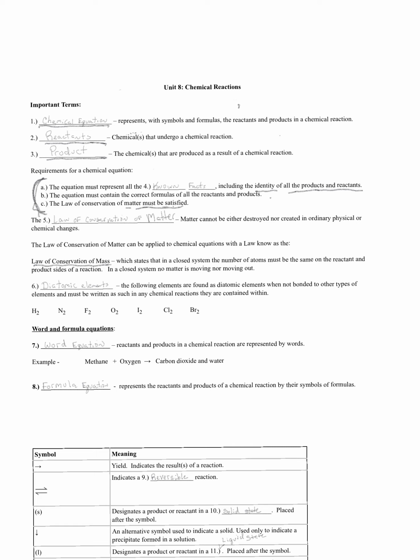That's a system where matter cannot enter or escape, the number of atoms must be the same on the reactant and the product side of a reaction. In a closed system, no matter is moving in nor moving out.